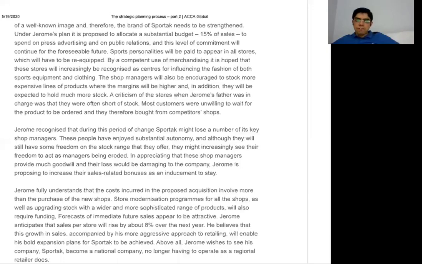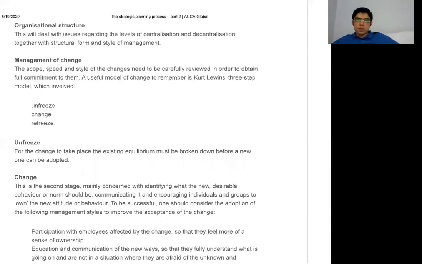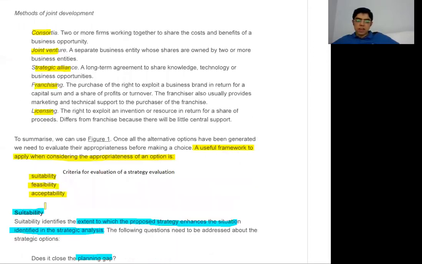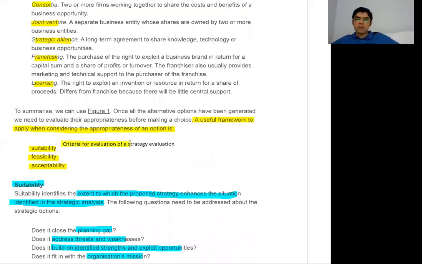That's the SFA criteria, the suitability, feasibility, and acceptability criteria. Remember the SFA criteria, the criteria for evaluation of a strategy. So you use this suitability, feasibility, and acceptability criteria to evaluate a proposed strategy.